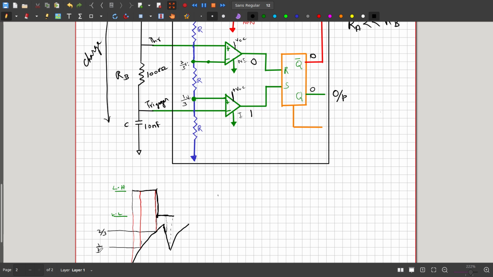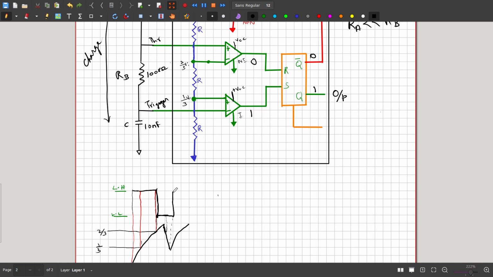And when the capacitor voltage is below 1 by 3, this state changes. As a result, the Q bar becomes 0 and the Q becomes 1. Okay, then it starts to rise again.